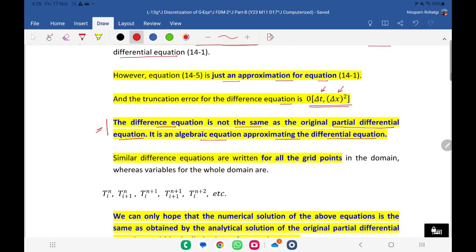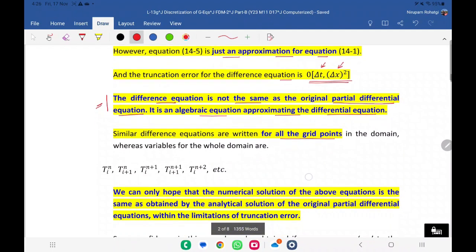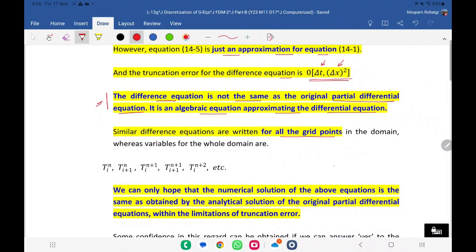Now one more thing: this equation which you have written is only at one point of the grid. Similar equations have to be written for all the grid points. So you have to write the equation at i plus 1, i plus 2, and so on.